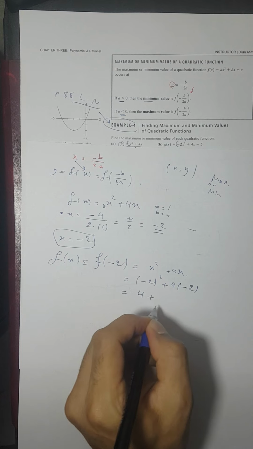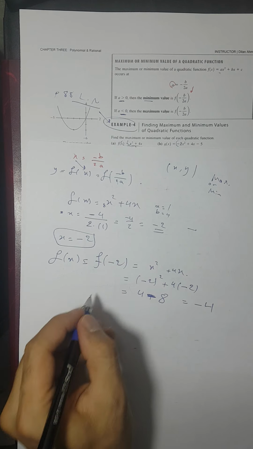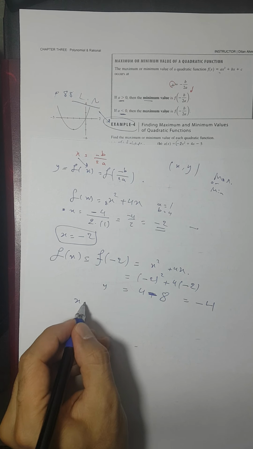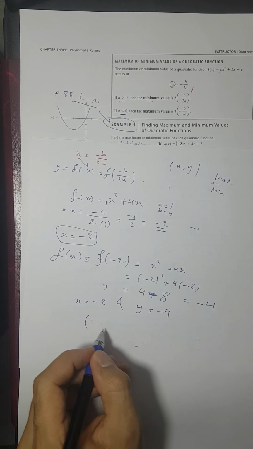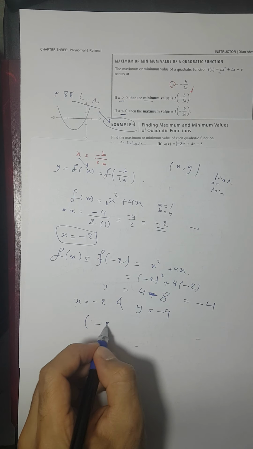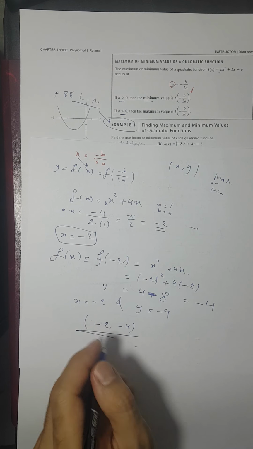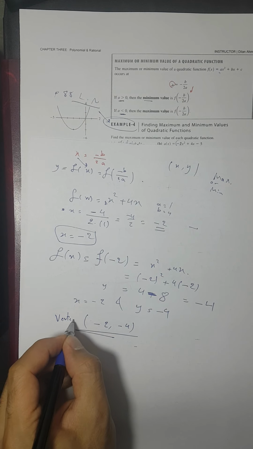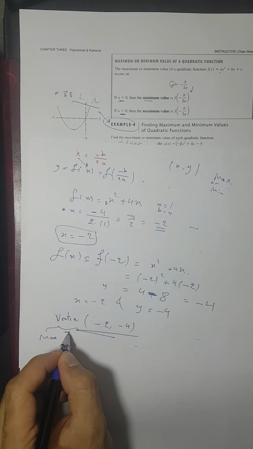I get 4 minus 8, which is equal to minus 4. Now it's y, so x is equal to minus 2 and y is equal to minus 4. So this is my vertex, minus 2, minus 4.